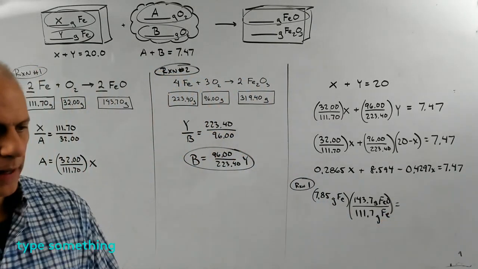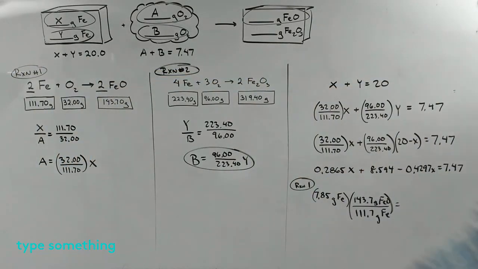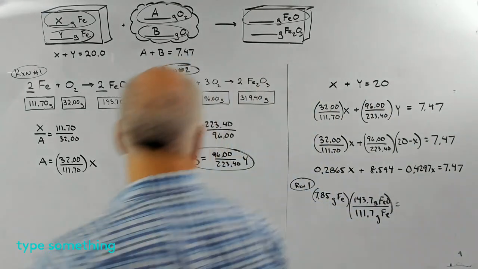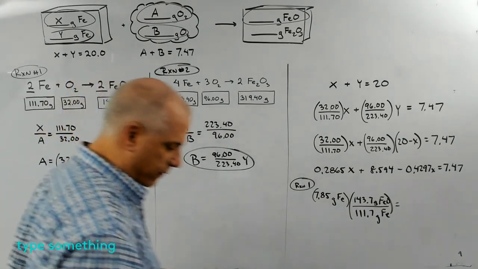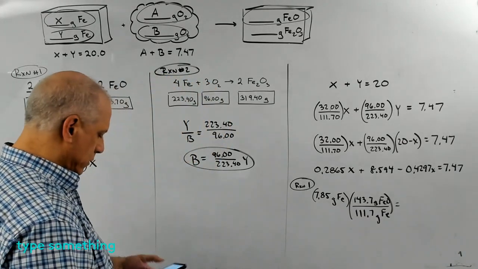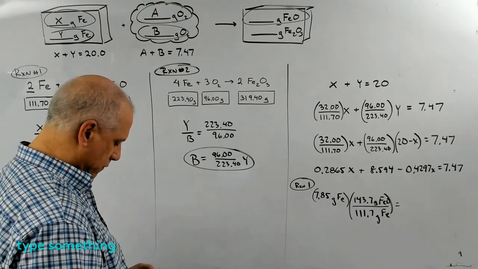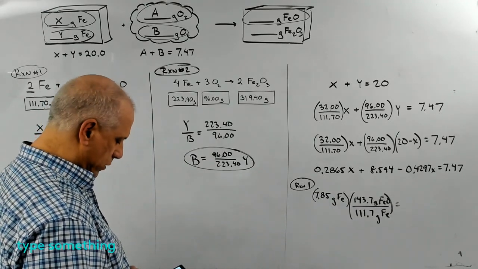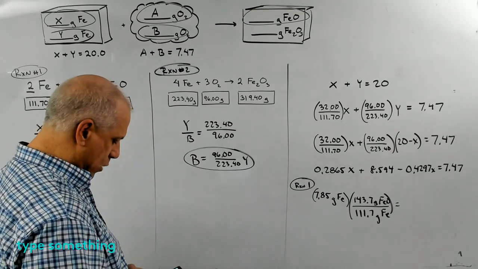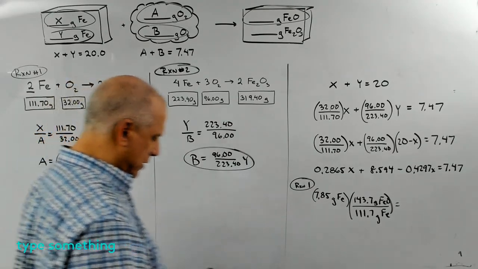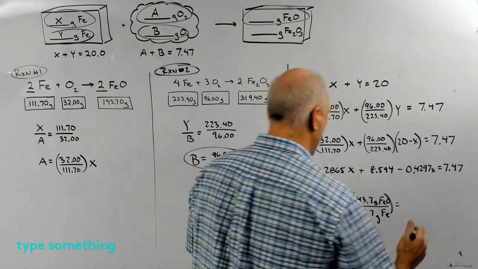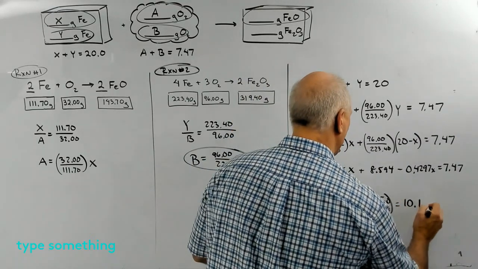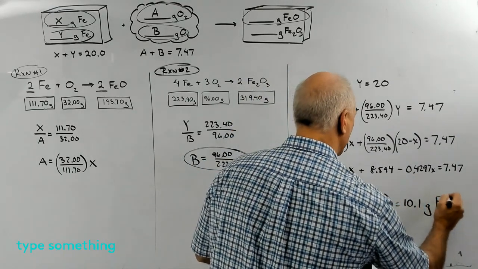We would do that calculation. Where's my calculator? Here's my calculator. 7.85 times 143.7 divided by 111.7. That's 10.09 or 10.1 grams of FeO.